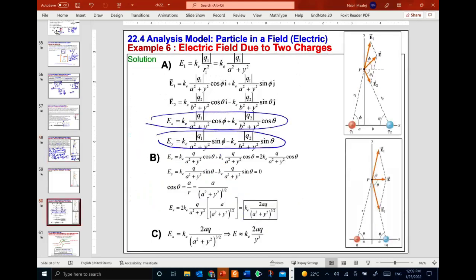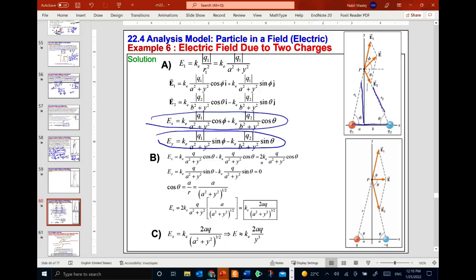In order to save time, if I replace the charges Q1 and Q2 by Q, remember R1 squared is A squared plus y squared, and R2 squared is B squared plus y squared.